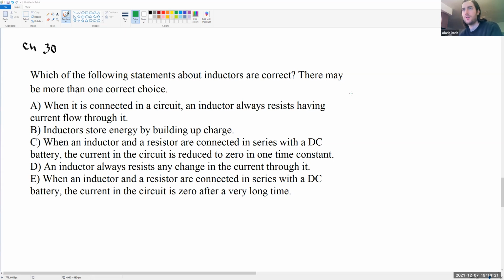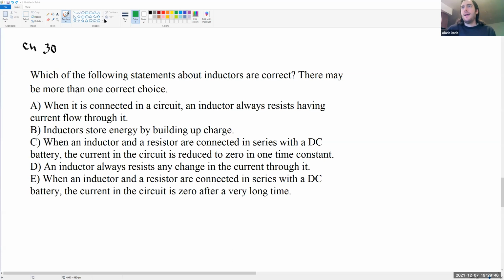Okay, so if you're watching on YouTube, pause the video now, evaluate whether each of these statements is correct or incorrect, and your answer is all of the statements that you believe to be correct. We'll be back in just a moment to discuss each of these. All right, we're back, and let's take a look at each of these statements here.